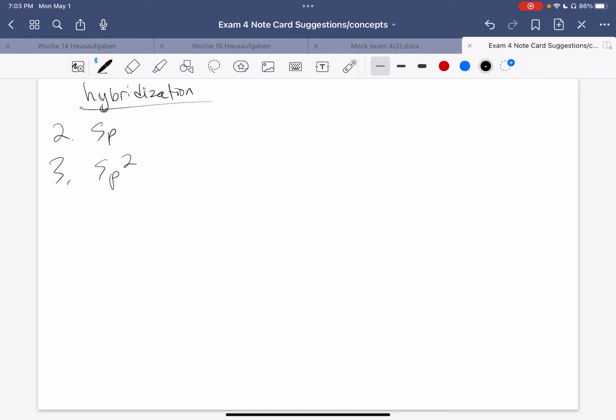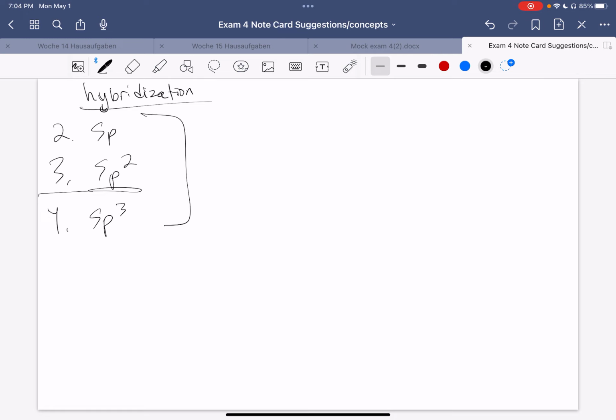If you have three things bonded, it's going to be sp2. Again, these are electron groups, not just bonds. So this could be two separate types of bonds and then a lone pair for this one right here. And for four groups, sp3, same thing, lone pairs or bonds, however many things are connected. You just kind of have to know these, I guess.